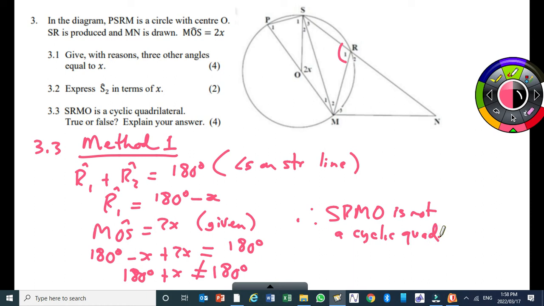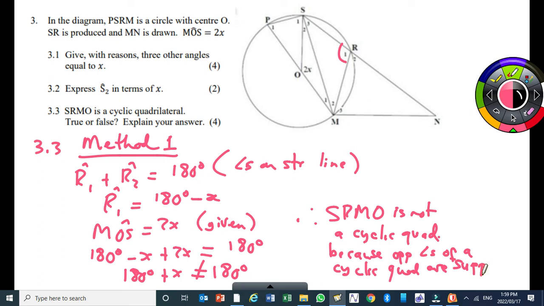In this case, because of the nature of the question, we can probably give a reason. Why? Because opposite angles of a cyclic quad are supplementary.